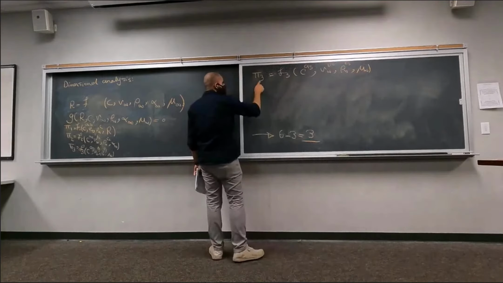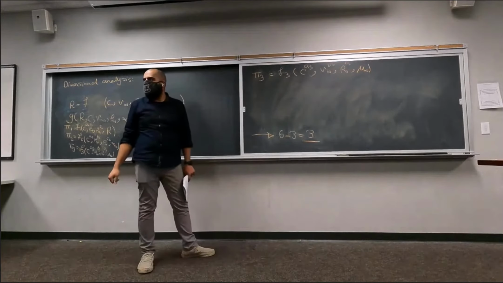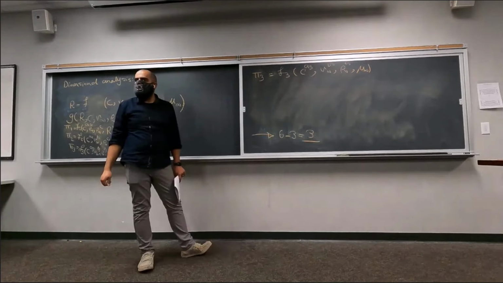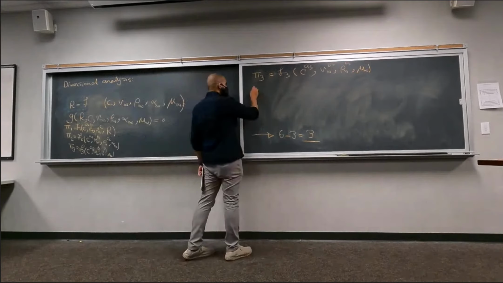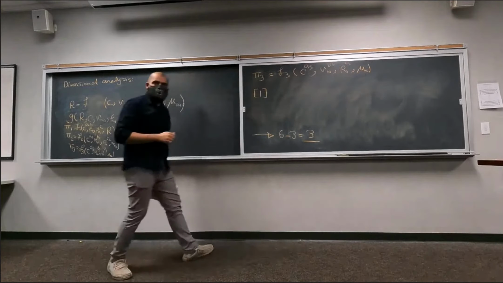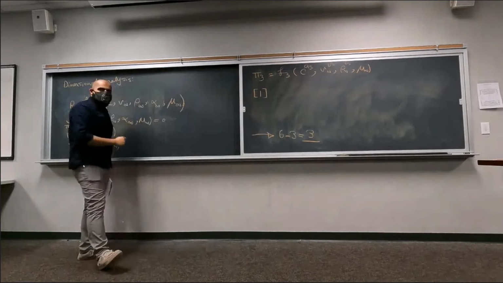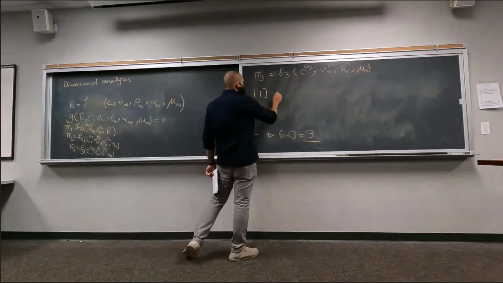Okay, so what is the dimension of pi? Nothing, right? We know that it is supposed to be dimensionless. So in dimensional analysis, it will have a dimension of 1, right?